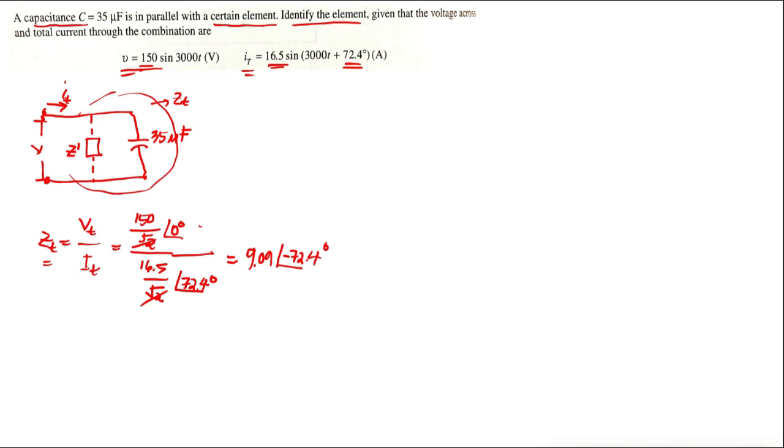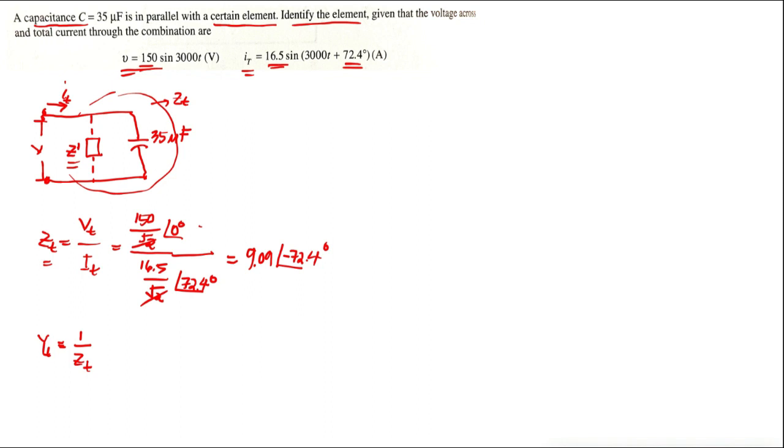Let us solve for Z prime in a way that we will use the concept of the inverse of your impedance and the inverse of your resistance and also the inverse of your reactance. The inverse of our impedance is actually the admittance. So the total admittance YT is actually the inverse of your total impedance.